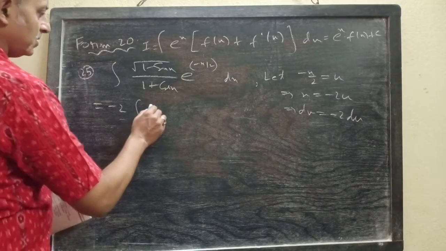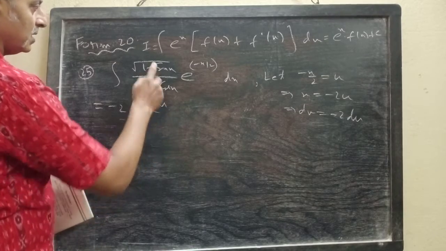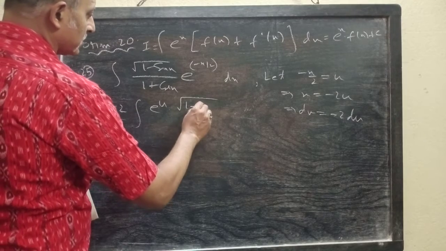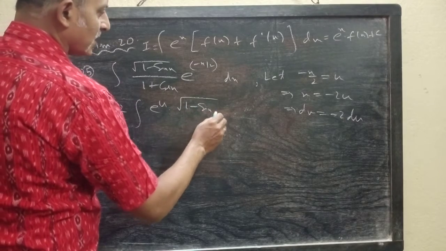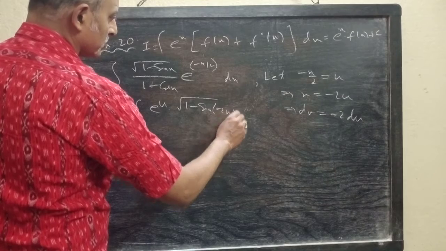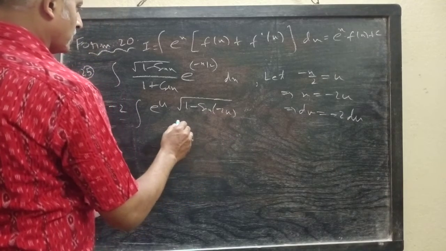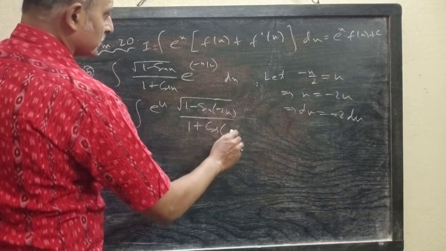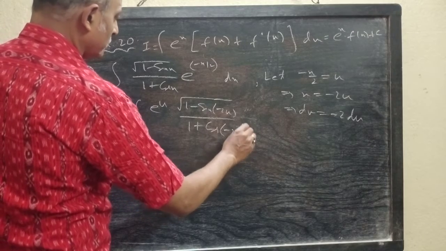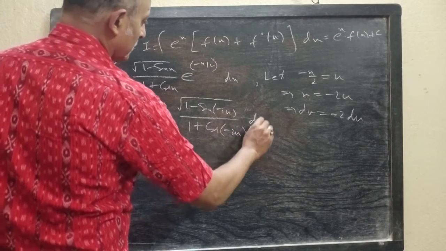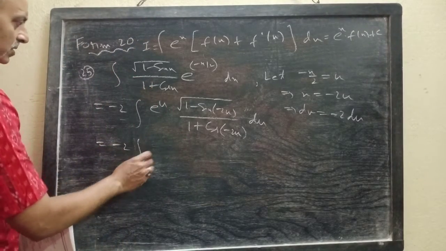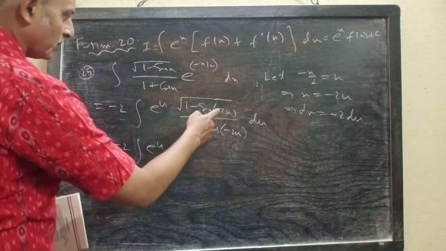Next write this e to the power u, and then root over of 1 minus sine of x is 1 plus sine 2u, divided by 1 plus cos x which is 1 plus cos 2u, and then du. This becomes minus 2 integration e to the power u.